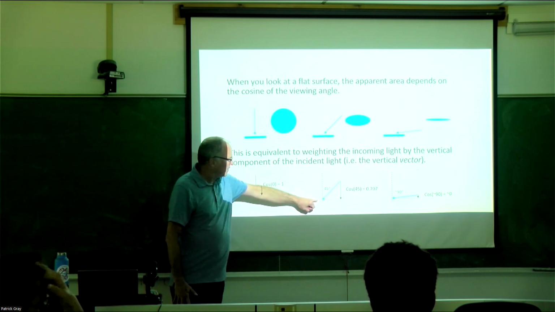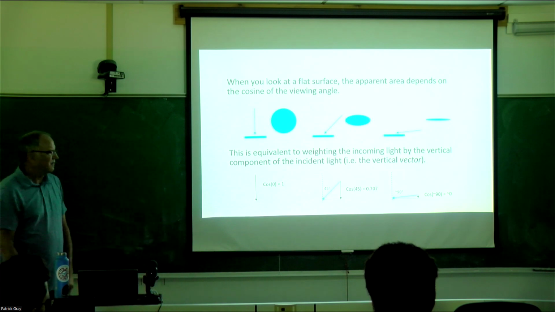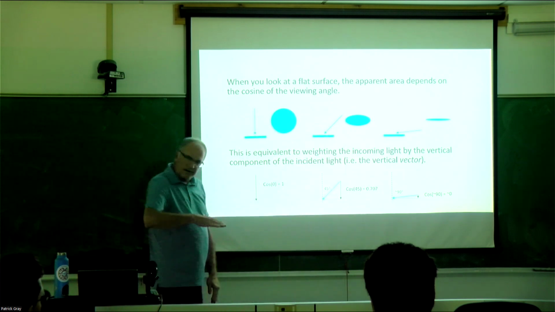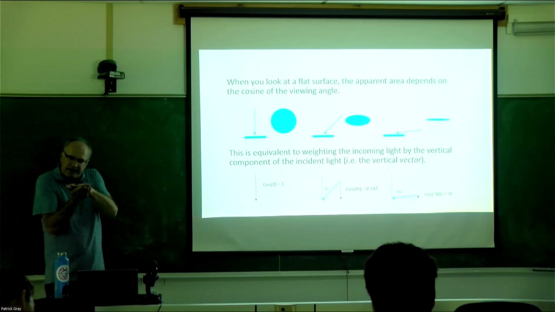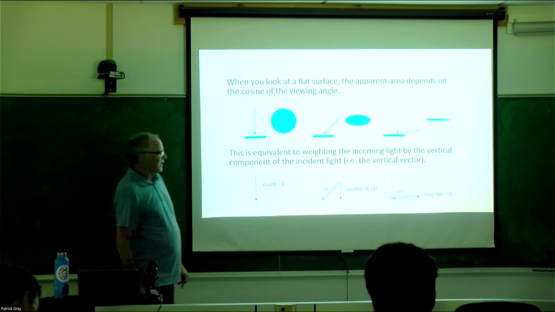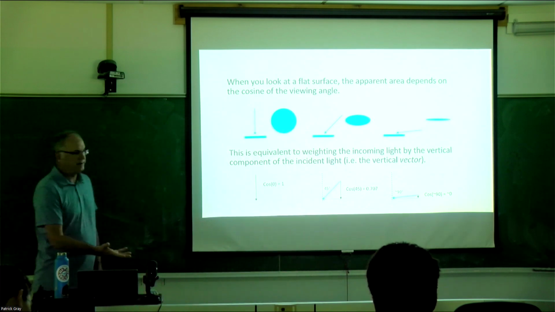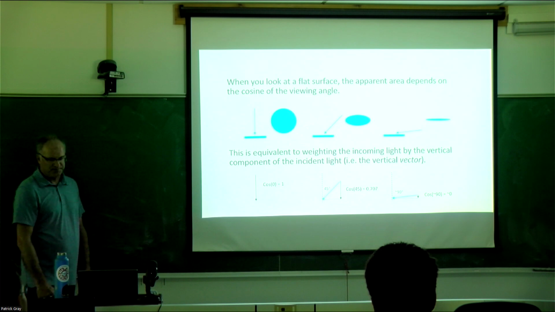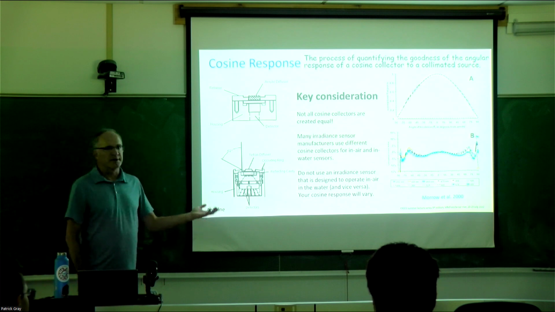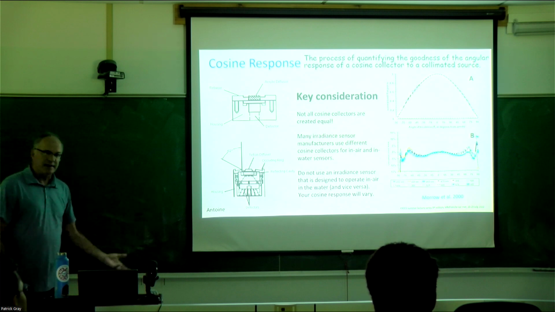That's because now I've got the 45-degree angle. Take the cosine of that 45-degree angle, we need 0.707. And now if I come at a really, really steep angle, I'm just barely looking at the top of that surface. It appears like a line more than anything. That's because as it approaches 90 degrees, you take the cosine of 90 degrees, and the response should be 0 in that detector or that cosine collector. So all good radiometers or irradiance sensors really need a good cosine collector, at least in this planar setup.